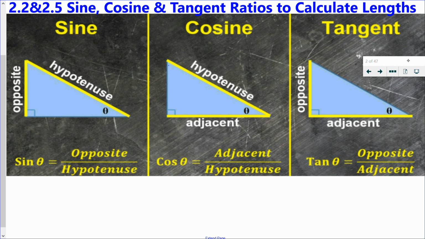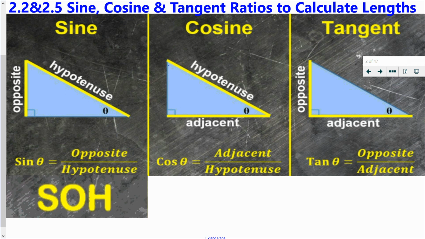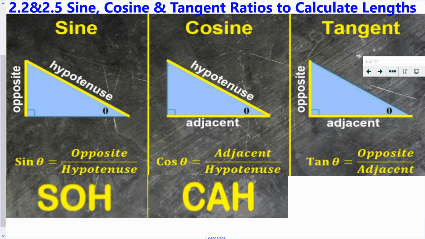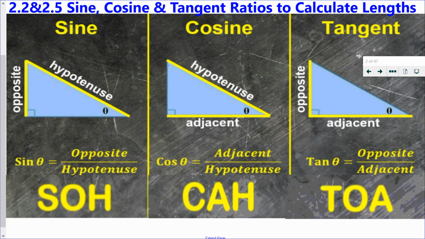Well, what is SOH CAH TOA? If I take the first letters of everything, sine, opposite, and hypotenuse, I get SOH, and then cosine, adjacent over hypotenuse, I get CAH, and then tangent, opposite over adjacent, I get TOA. So SOH CAH TOA is the little mnemonic device that's going to help us remember the ratio of the sides.